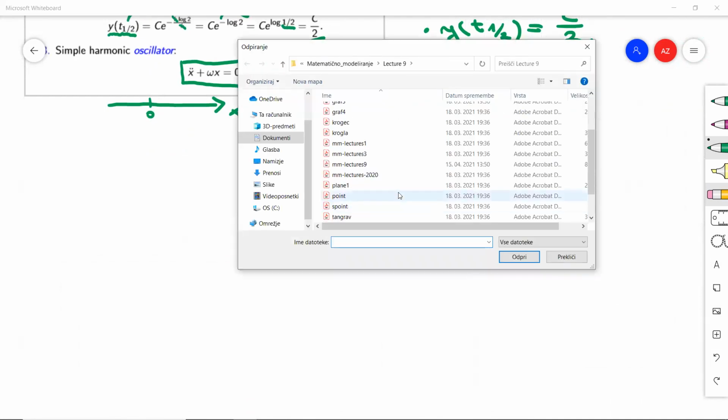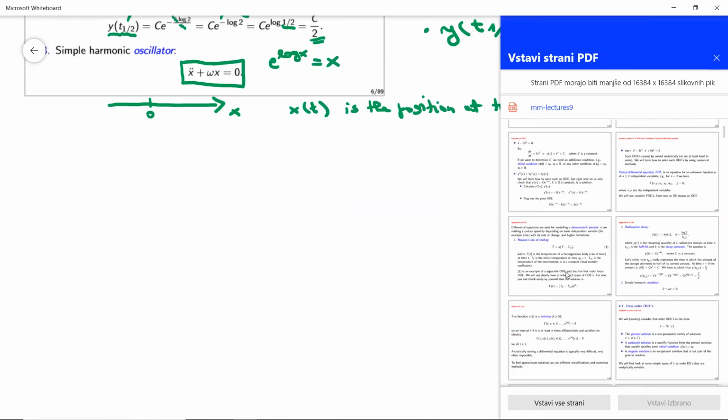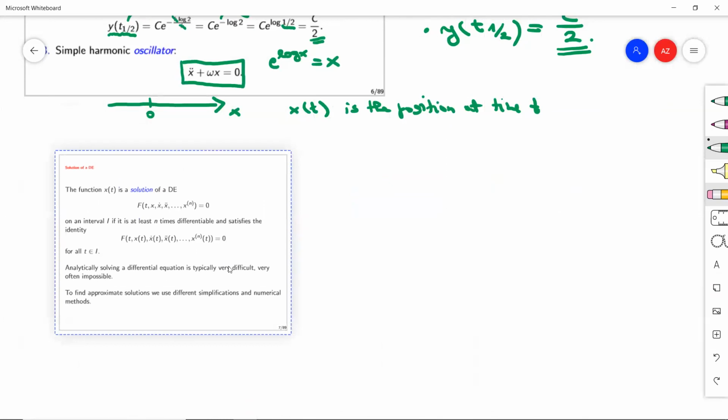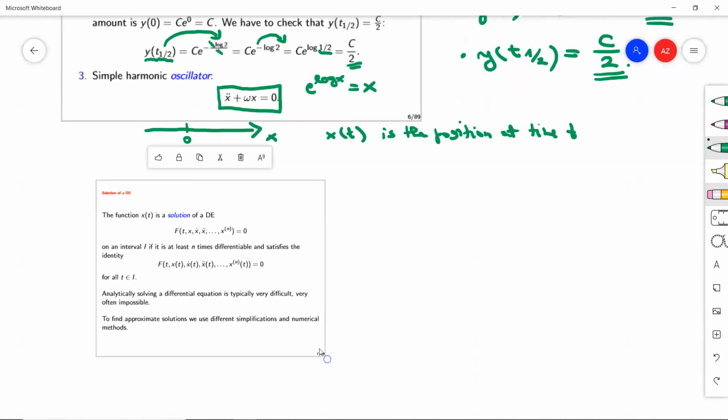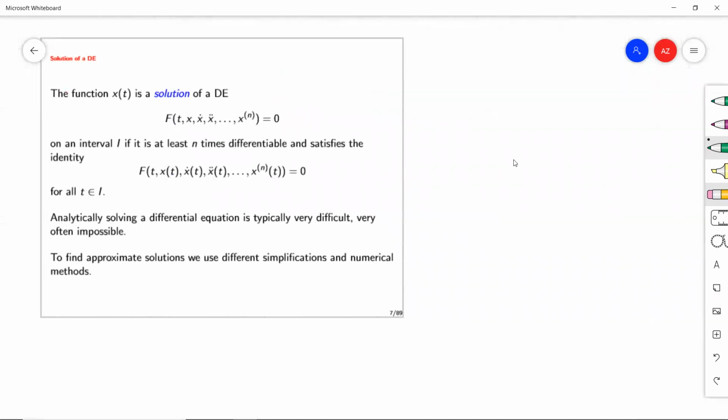What does it mean to solve a differential equation? So we have this ODE. From now on, I will just say DE or ODE, and I will mean differential equation by this.